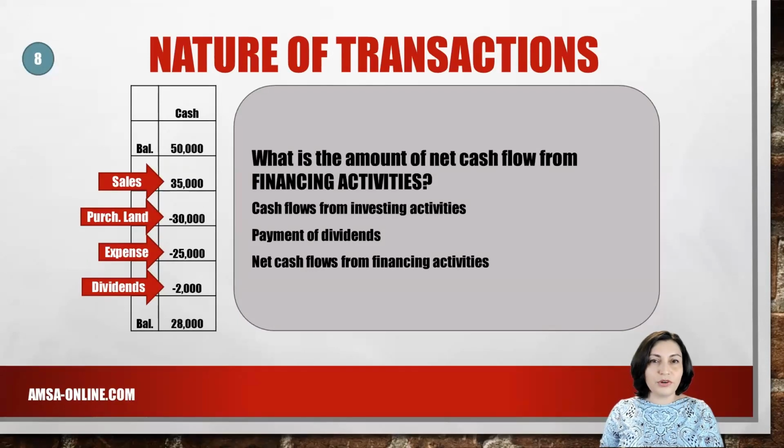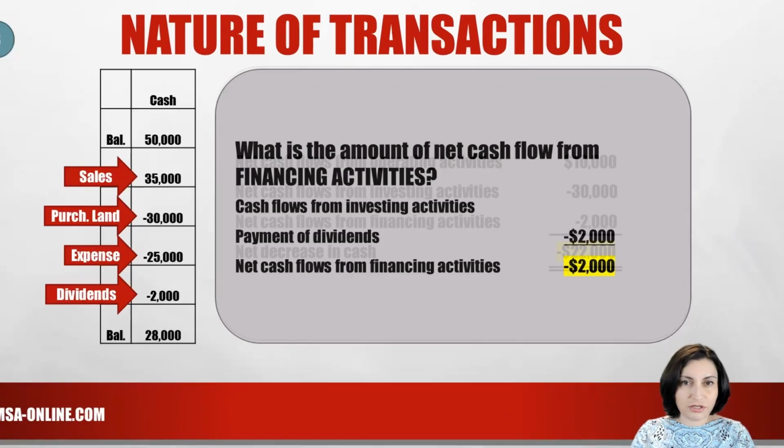Cash flows from financing activities include cash flows related to borrowing and stockholders' equity. Payment of dividends is the only financing activity that has occurred during the month. Therefore, cash flows used for financing activity amounts to $2,000.